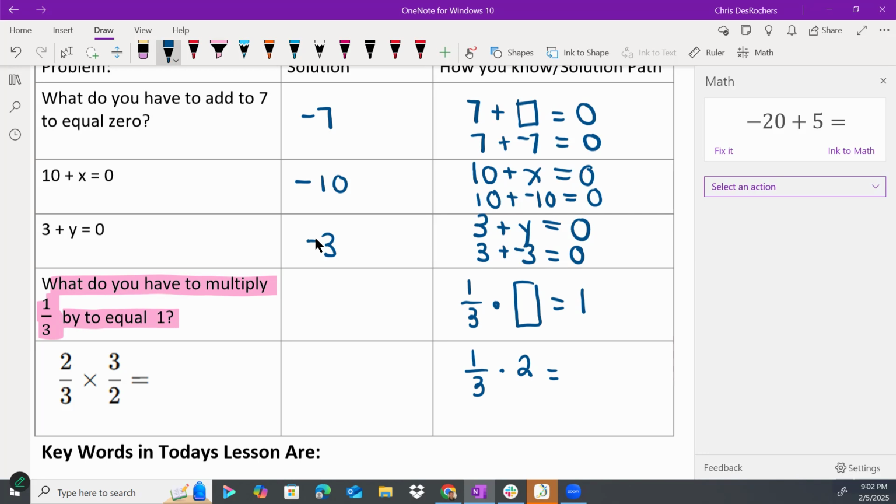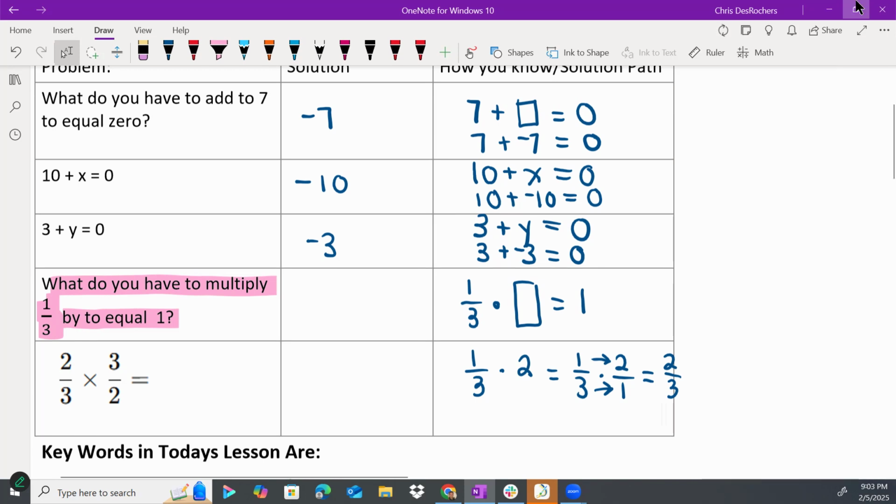That would be equal to 1/3 times 2 over 1, because 2 is 2 ones. And then we could multiply the fractions going across. 1 times 2 is 2. 3 times 1 is 3. And that would give us the solution of 2/3.